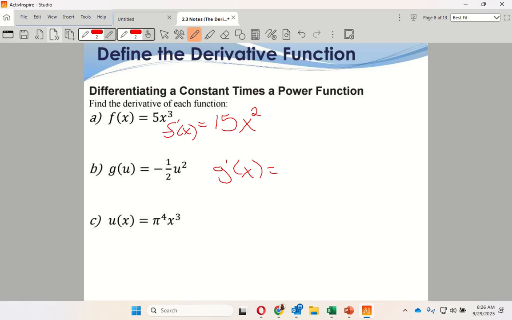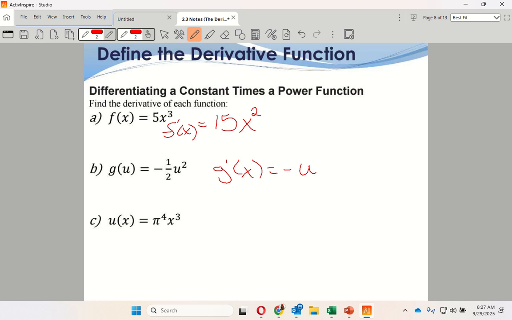It goes out front, but there's already a negative 1/2 out there. 2 times negative 1/2 is negative 1. So it's just negative u to the first power, right? Do I need to write the 1? No, I don't. If there is a variable there, it is implied that it is to the first power.